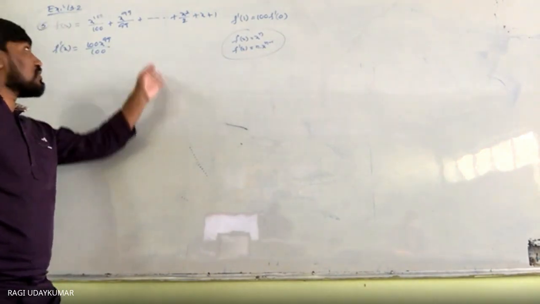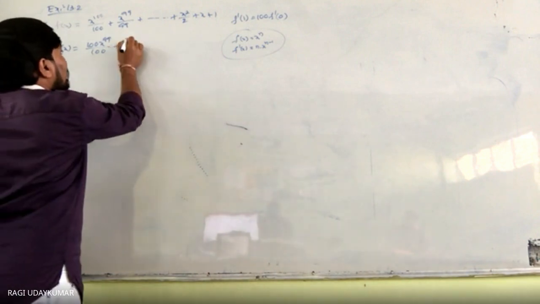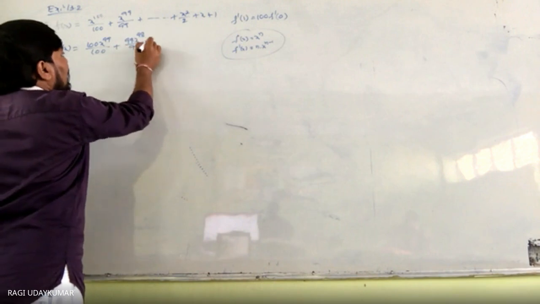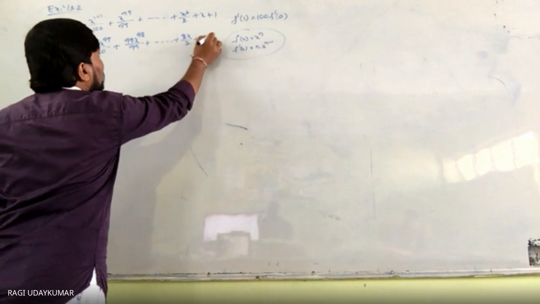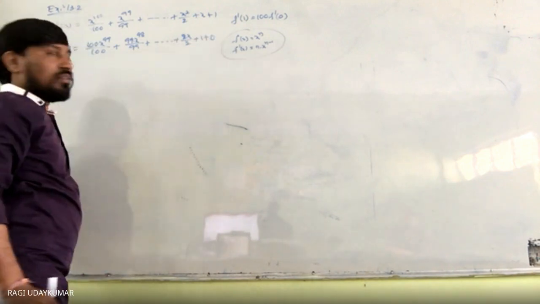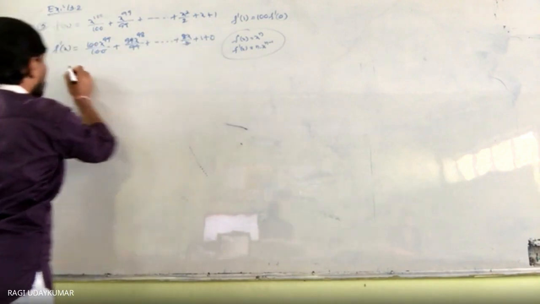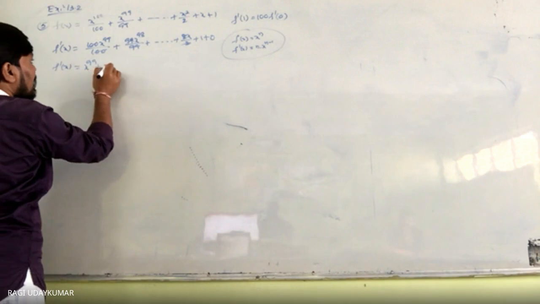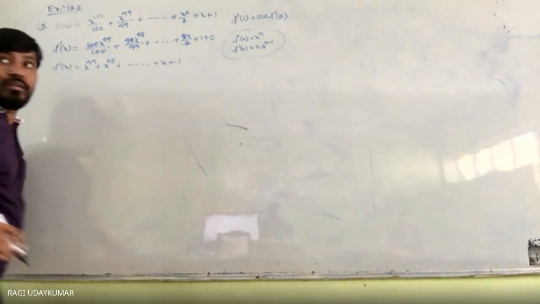So using that, we get 100x to the power of 99 by 100, 99x to the power of 98 by 99, plus and so on, 2x by 2, plus 1. Now the 100s, 99s and 2 all get cancelled. Then f dash of x is equal to x power 99 plus x power 98 plus and so on, plus x plus 1.